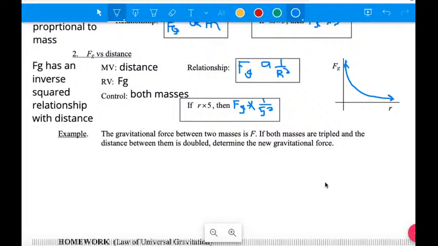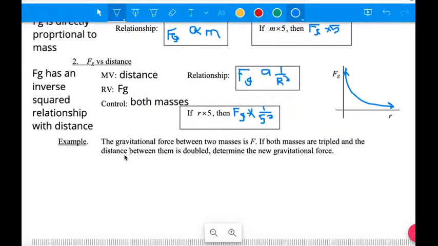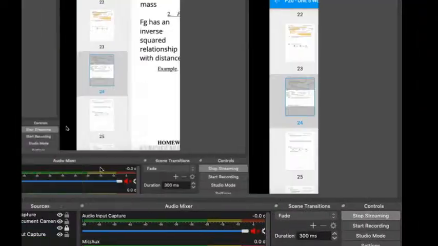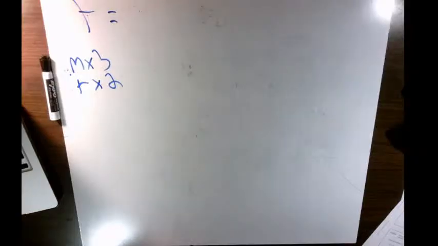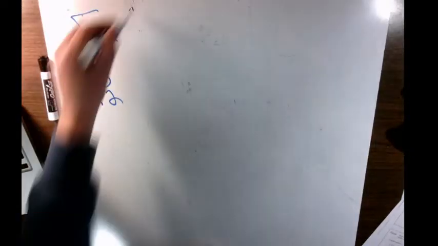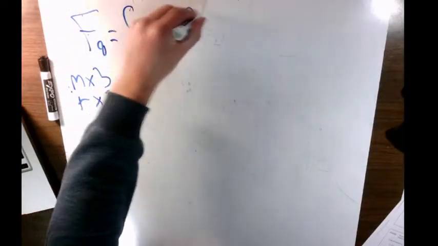Okay, our last example is just a proportionality style example. So we're going to have a gravitational force between two masses starting at F. We know that both masses are tripled, so mass is times 3, and the distance is doubled. So for our force of gravity, we're going to be using the gravity equation that we've been working with today.